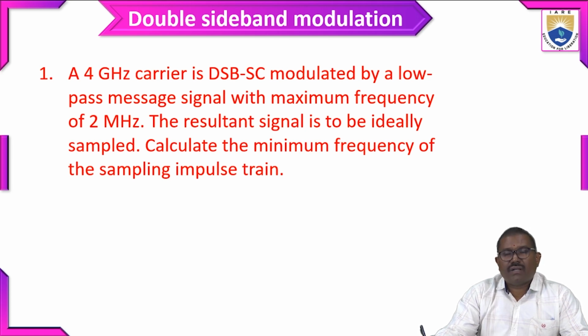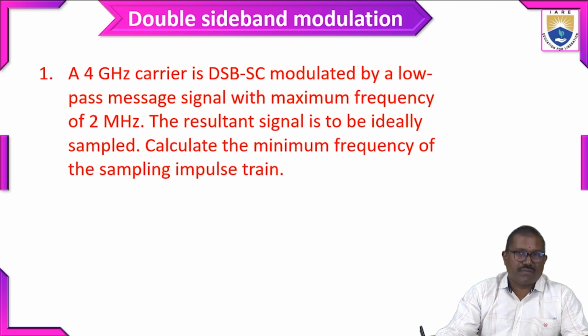So another name for amplitude modulation is double sideband with full carrier. In DSB-SC we suppress the carrier, so the wastage of power is reduced.